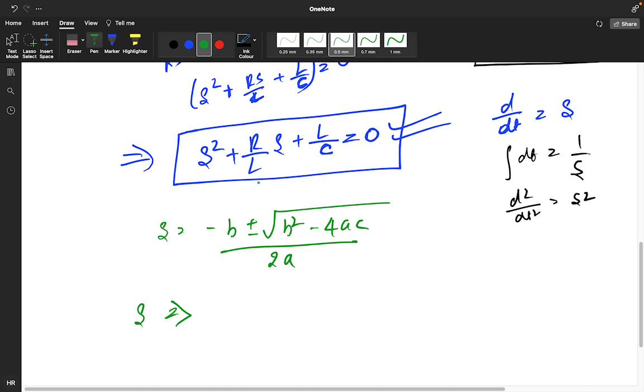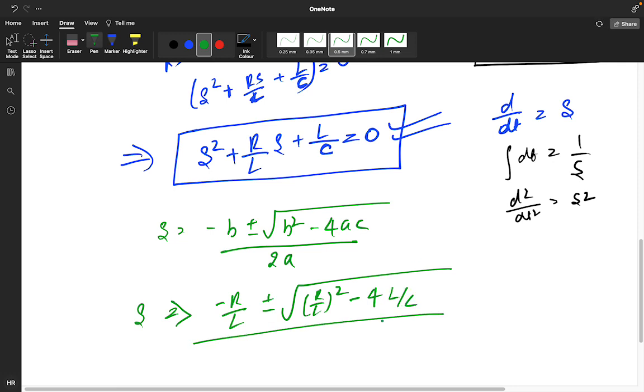So your s value will come how much? Minus b is minus R by L, plus minus root under b square, which is R by L the whole square, minus 4ac. a is 1, c is L by c, divided by 2a, divided by 2.